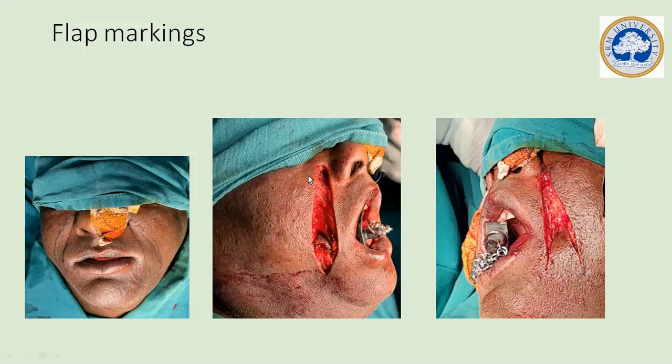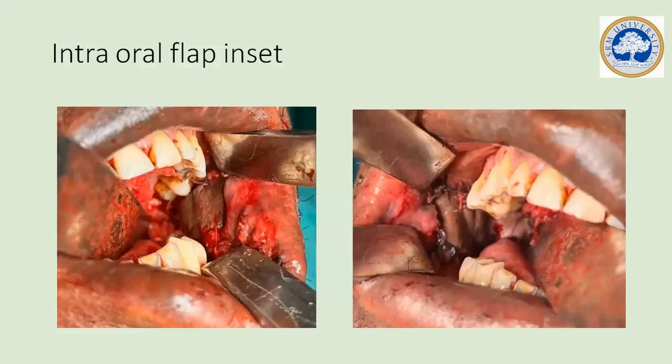See that the flap is not kinked or crushed during insertion. This is on the right side and this is the harvest on the left side. This is the flap inserting. The flap is tunneled and inserted into the defect which was created during the fibrotomy procedure.